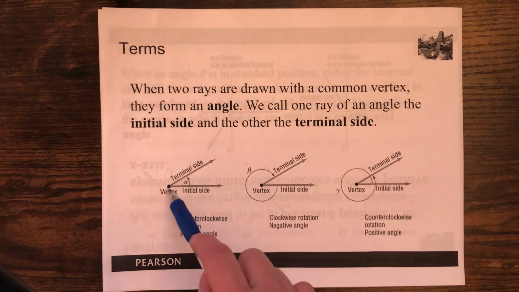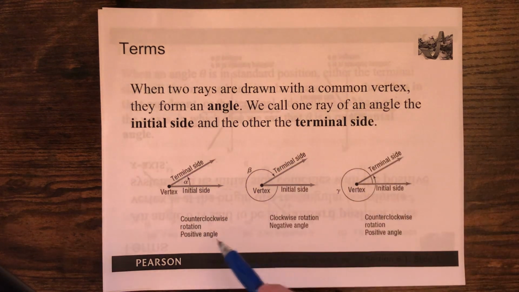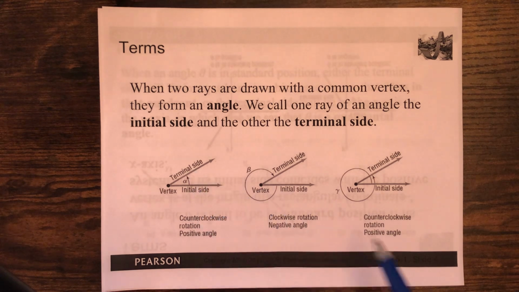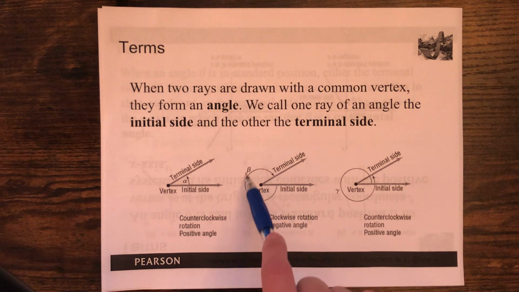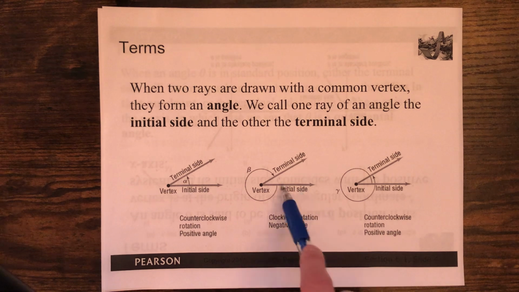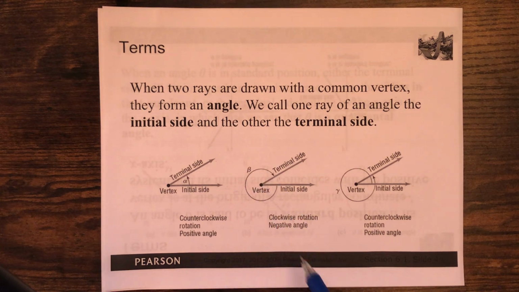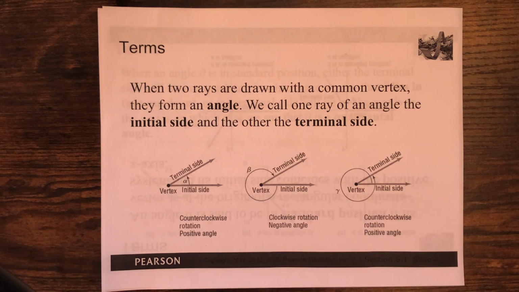This will become, of course, the x-axis in just a minute, but we're just kind of freehanding it here. If we open in a clockwise direction, started here and going the other way, we would call this a negative angle. That's how we define a negative angle, a clockwise rotation.